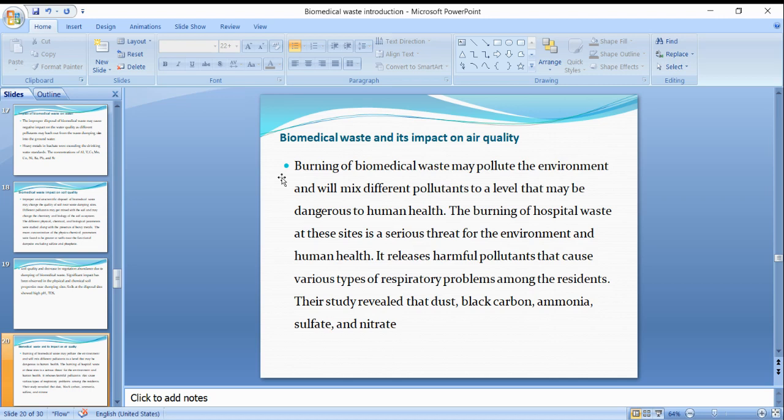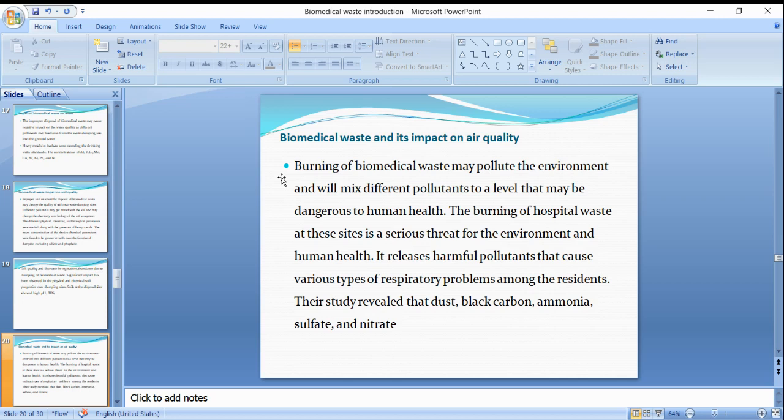After burning, gas will be produced in the air, and that will be mixed with the different gases already present in the air.